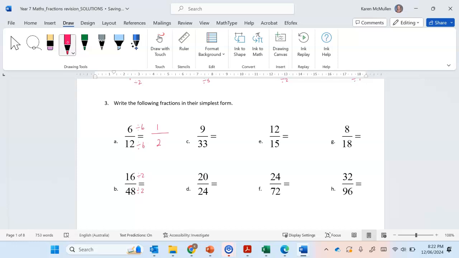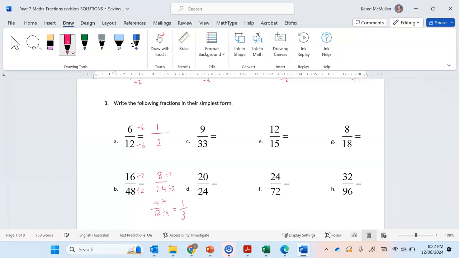So 16 divided by 2 is 8, and 48 divided by 2 is 24. You're like, oh, okay, well, they're still both even numbers. So that means I can probably divide them by 2 again. And I get 4 over 12. Oh, I can see. Now 4 I know also goes into 12, so I could do that.